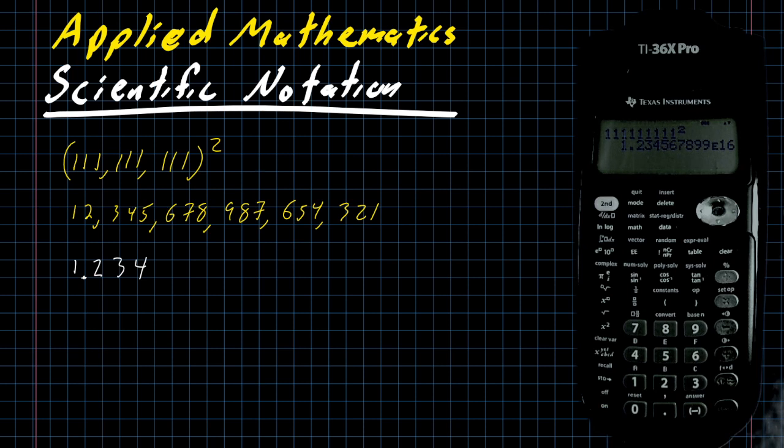Then I'm going to multiply times 10 raised to a power. That power is going to be 1, 2, 3, 4, 5, 6, 7, 8, 9, 10, 11, 12, 13, 14, 15, 16. The number of digits that occur after the first digit in a number, stopping at a decimal point if it continued past the decimal point.